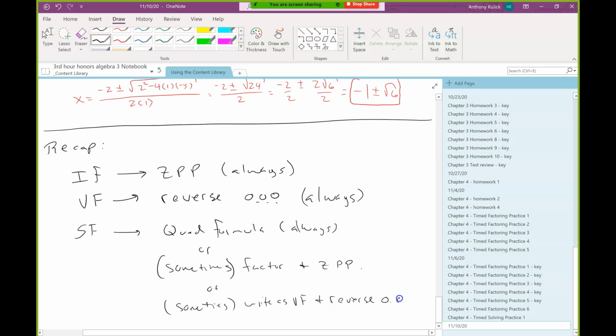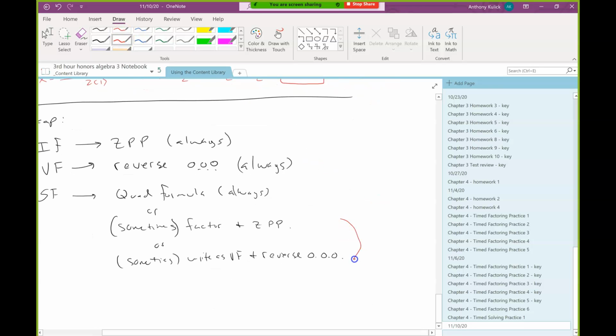Why would I want to do anything other than the quadratic formula for a standard form problem? Sometimes these are much, much faster, right? If the factoring you can use a shortcut on, that's going to be faster than grinding through the quadratic formula, right?